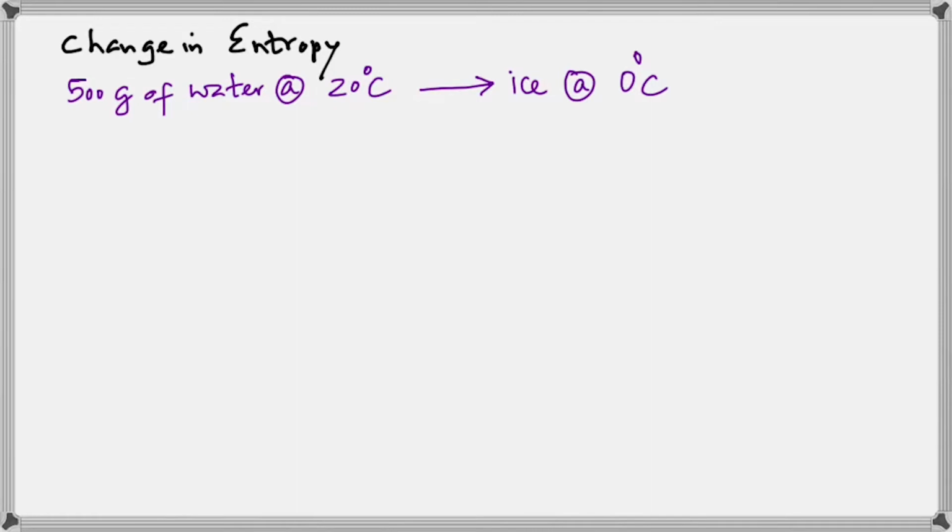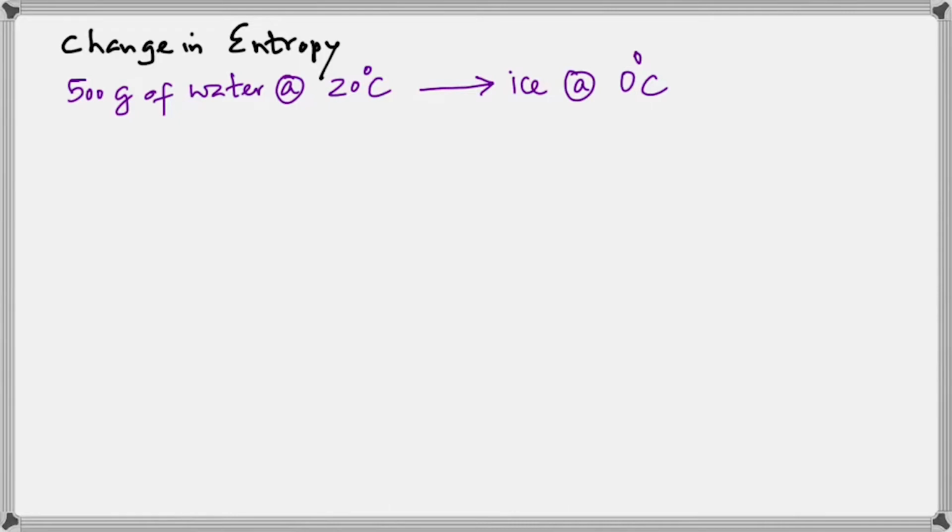So the first process is water has to cool from 20 to 0. We have to find the change in entropy for that process, then find the change in entropy when that water at 0 turns into ice at 0. And then add both. You get the total change in entropy. Is the plan clear? Okay, so let's do that.